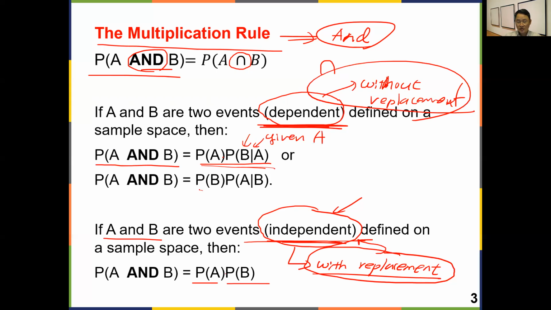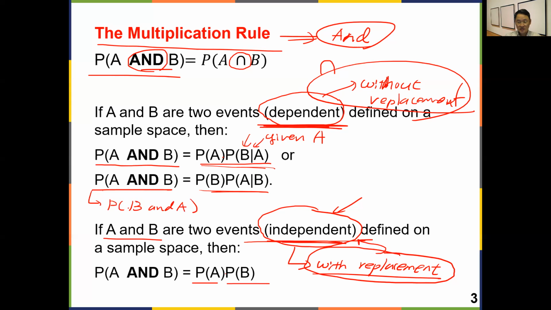We can also do it this way. Why? Because in a way you are looking at this as probability of B and A. Is this the same thing? Yes. I told you in the last chapter, probability of A and B and probability of B and A are the same thing.